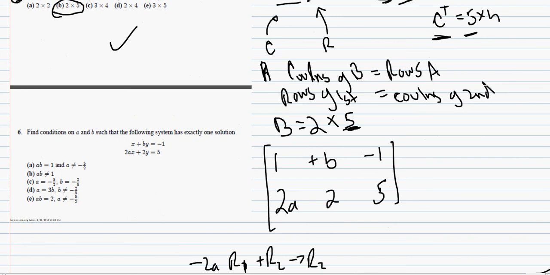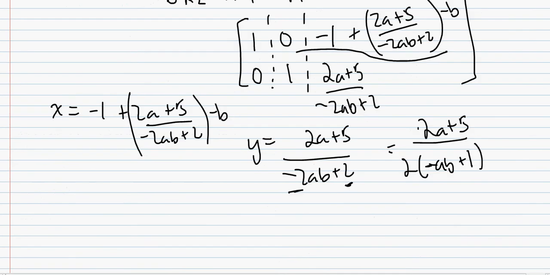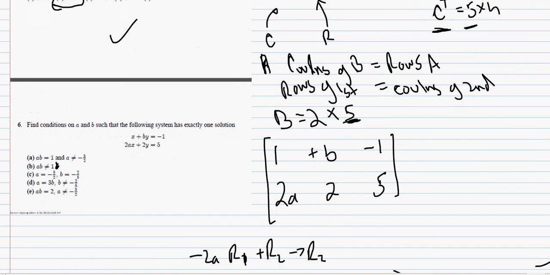it gives us a couple of options. What really stood out to me the most was B. The reason being is if I put in 1 for AB, you'd get negative 1 plus 1 in the denominator, and this would be infinity. You would have an infinite amount of solutions, meaning this won't have just one solution.